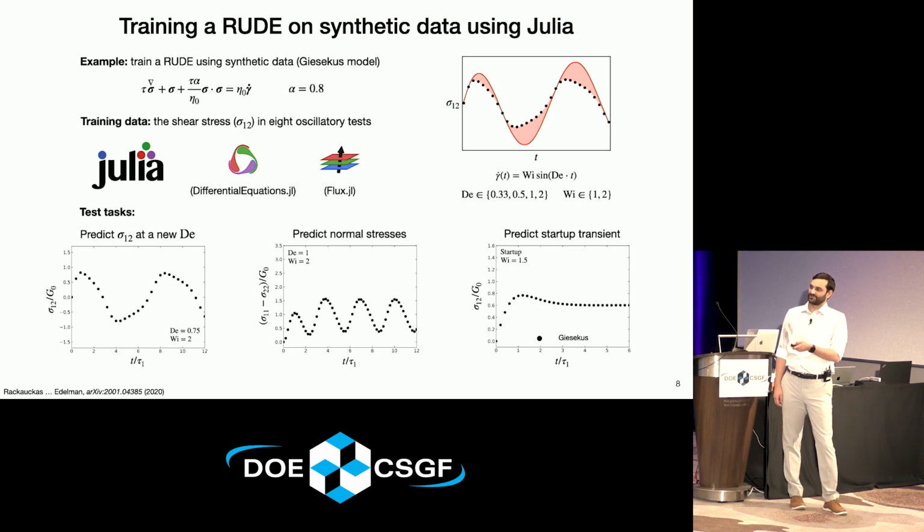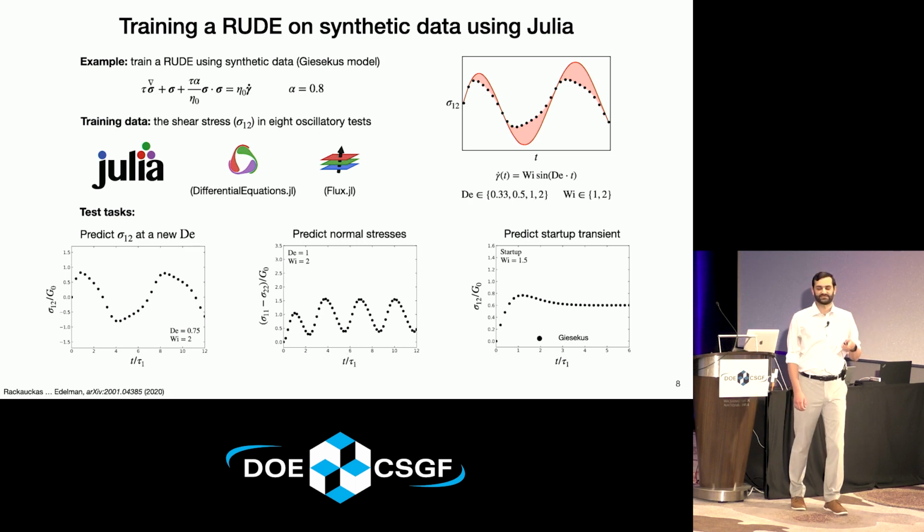And I'm going to ask it to predict the shear stress in a different oscillatory experiment that's at a frequency that we didn't see in the training data. I'm also going to ask it to predict different components of that stress tensor, so this time diagonal components, which it never saw during training. And I'm going to ask it to predict the response to a completely different flow protocol, which is this transient one.